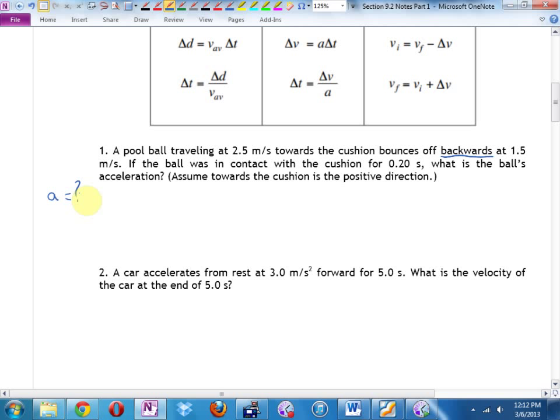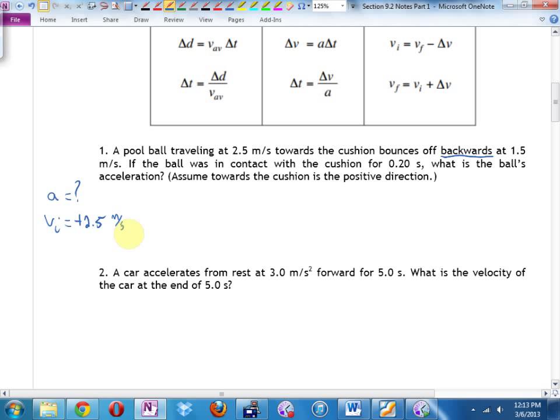No. Do I measure distance in meters per second? No. Which velocity is that 2.5? Your initial, before, or your final, after? I'm going to write down VI equals positive 2.5. Why did I write positive 2.5? Because it says assume towards the cushion is positive, so I'll be consistent.